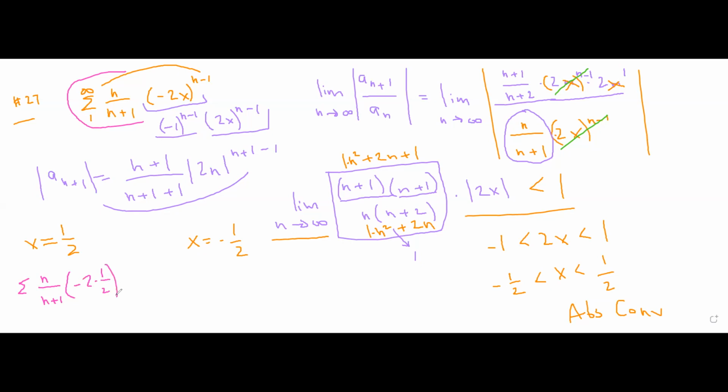Okay, let me carefully do this. It looks like we're going to have the power of n minus 1 here. And notice that this is just a sign alternating series, right? A sign alternating series with its nth term that approaches not 0. So it's going to be divergent.